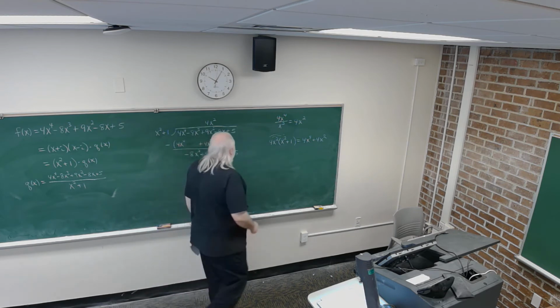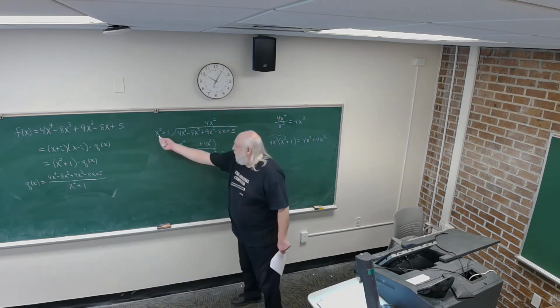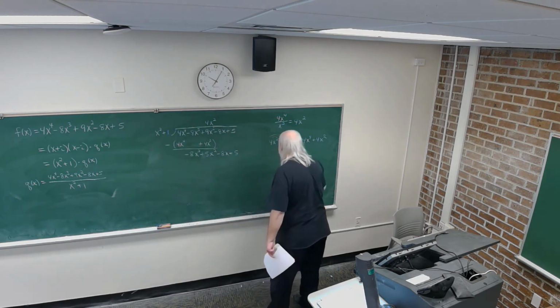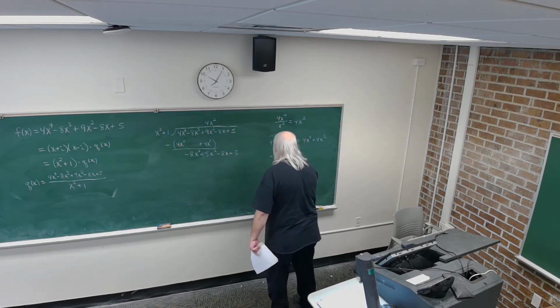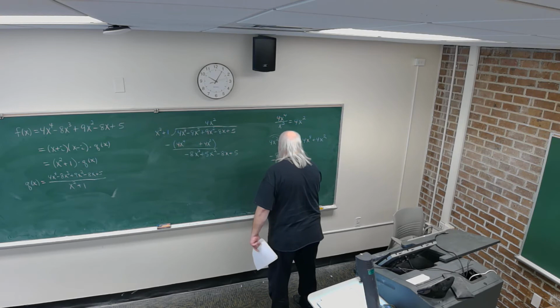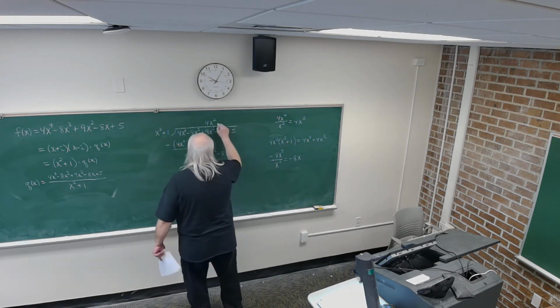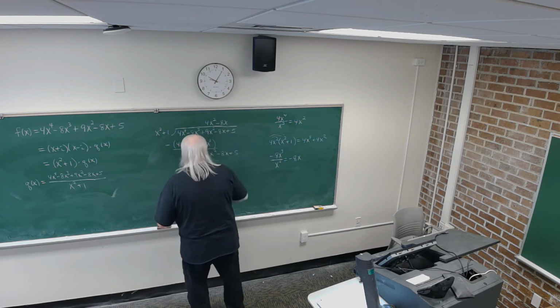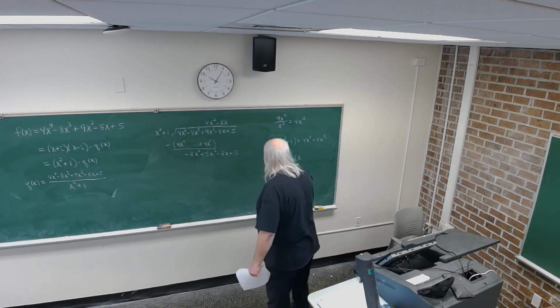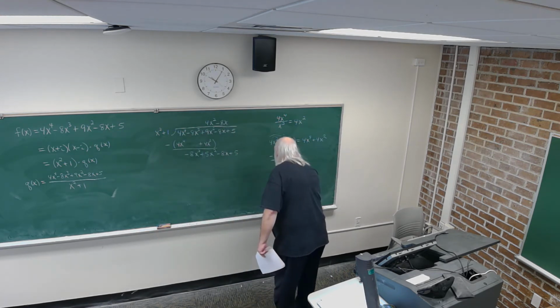Now we ask ourselves, how many times does x squared go into minus 8x cubed? Minus 8x cubed divided by x squared is equal to minus 8x. Then we multiply minus 8x times the divisor, x squared plus 1.